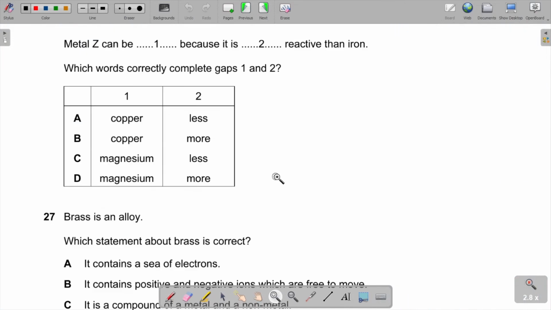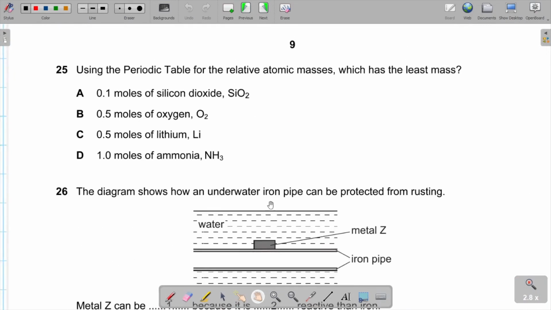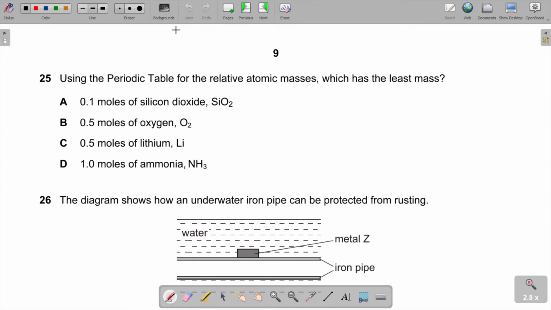Moving on to the next question. Using the periodic table for the relative atomic masses, which has the least mass? First, 0.1 moles of silicon dioxide. Now we have to do the molar calculation. We don't know the mass, so we have to look at the periodic table to find the mass of silicon.